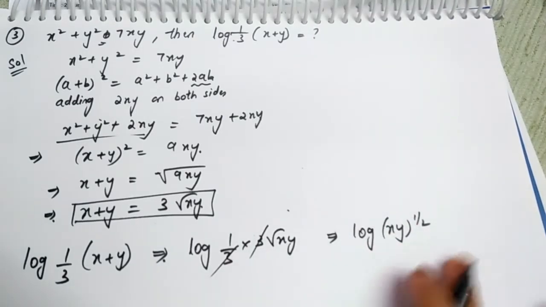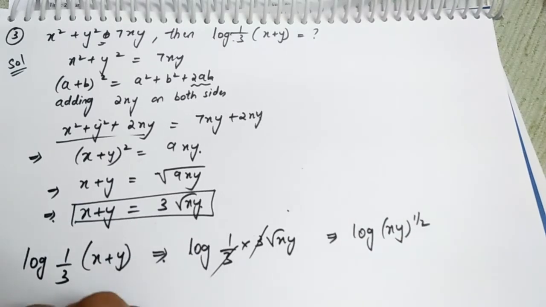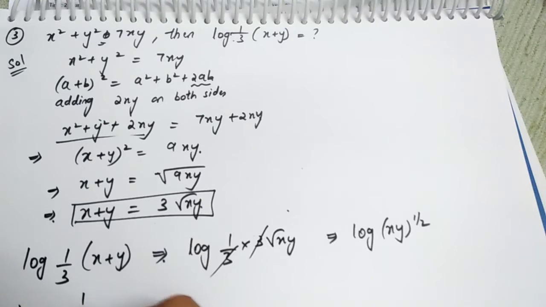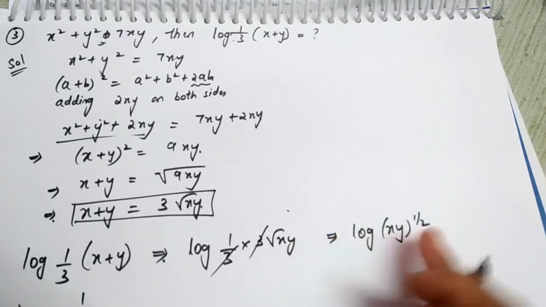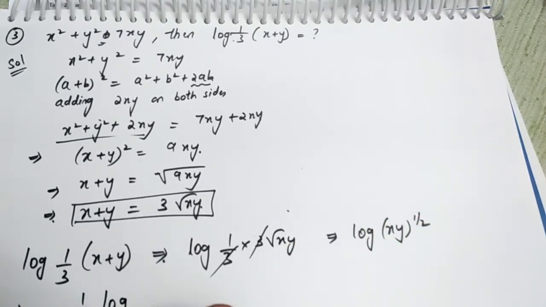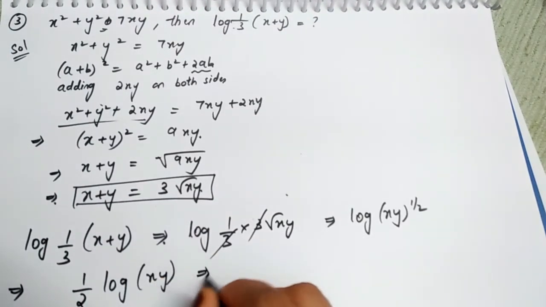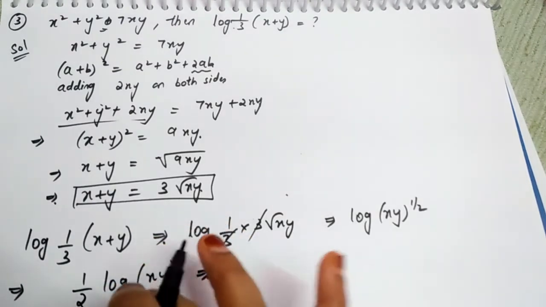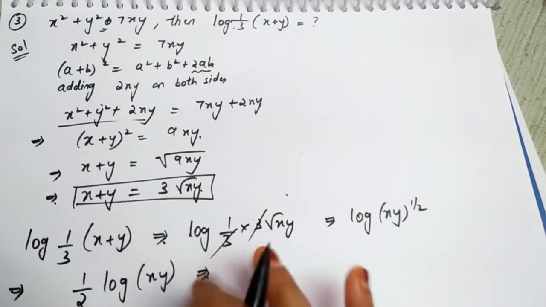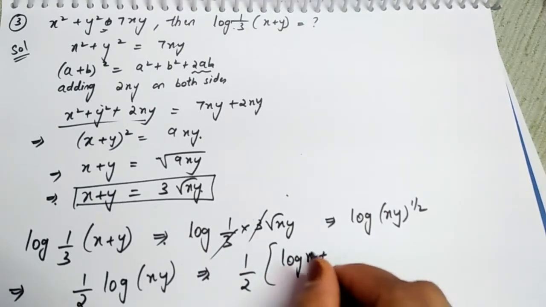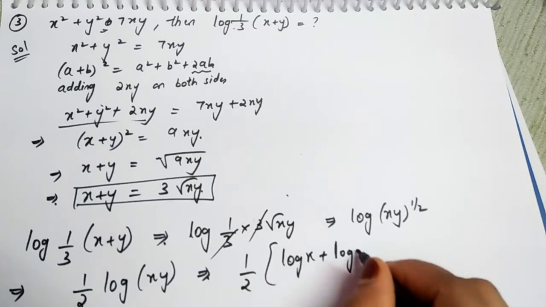Alright, here what we can simplify more, it is 1 by 2 we are getting before the log. We can do that because of that property, log of xy. So what is log of x into y? Log of x into y is nothing but log x plus log y.